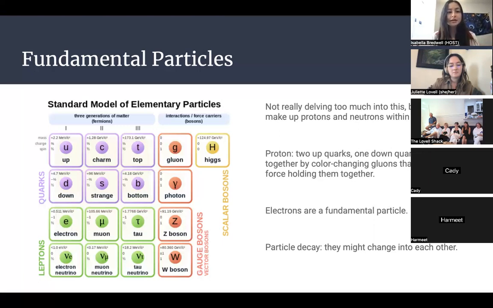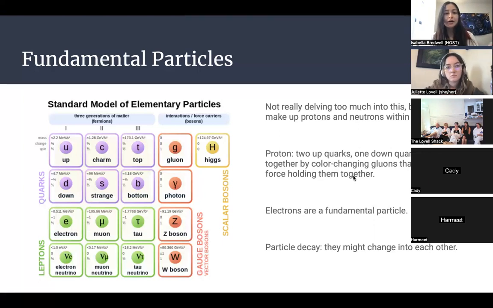But top quarks, strange quarks, bottom quarks, and certain types of leptons, you only see them in high energy interactions. So they're not really too relevant to our scale. More like a collapsing neutron star or just big high energy events.